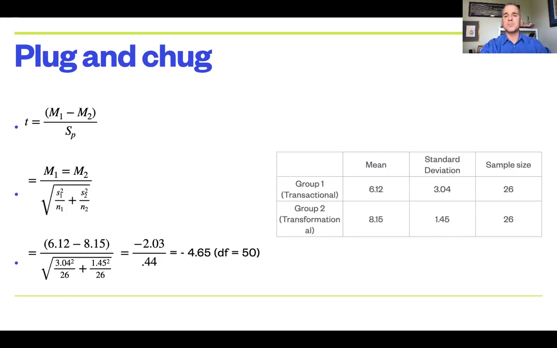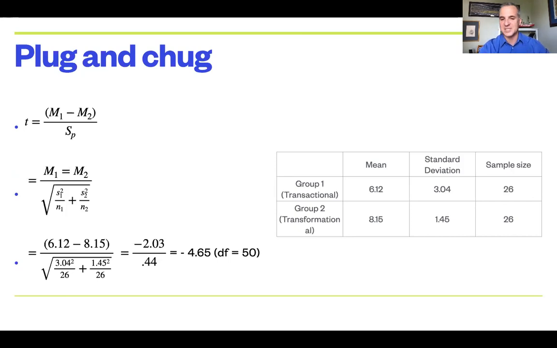So again, we just plug and chug into our equation. We have our equation for t: the difference between the two sample means divided by the pooled standard error. So 6.12 minus 8.15, that's the difference between the two means, divided by the pooled standard error, which comes out to 0.44 if you do the math. So 2.03 divided by 0.44. Our t-statistic in this case is negative 4.65.